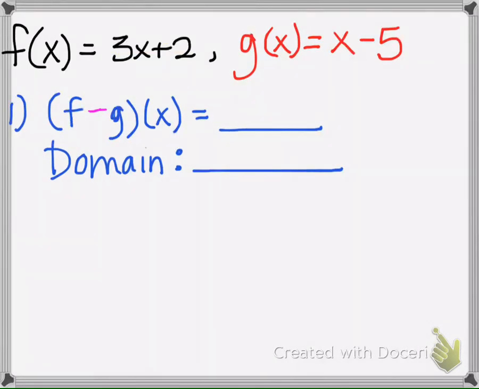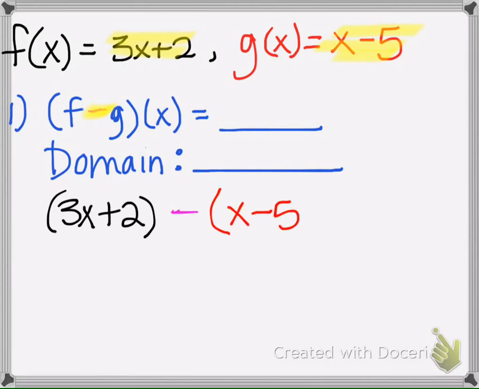In this problem we are asked to take function f and this time subtract function g. So again, we are not doing 3x times x. We're not foiling.